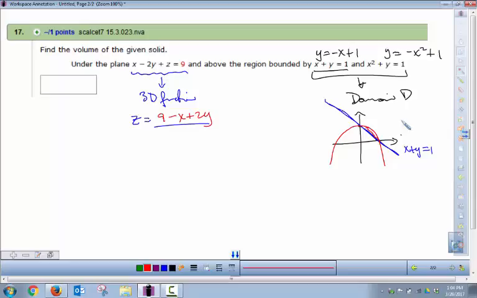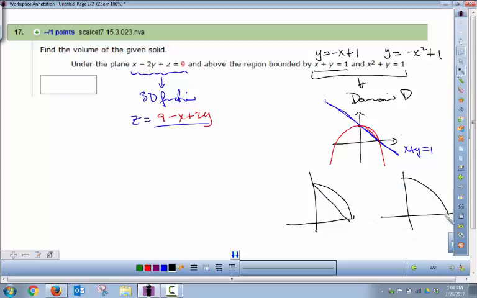In this particular scenario, you could integrate with respect to x or with respect to y. Can you see how? Let's say with respect to y first: draw a line parallel to the y-axis and figure out what you go into and get out of.